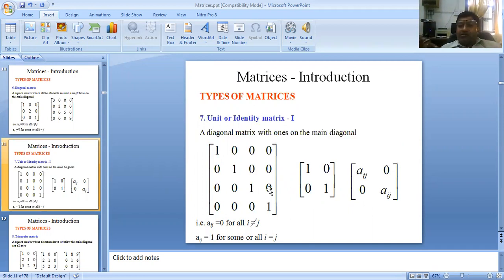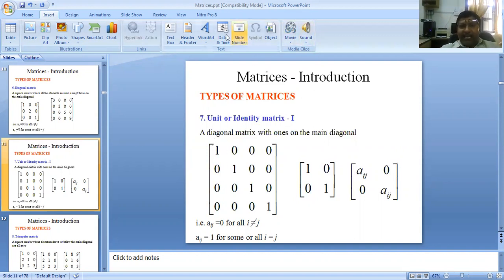A matrix, or more precisely a diagonal matrix, because in a unit matrix all other elements except diagonal elements are 0. So a unit matrix is a diagonal matrix. A diagonal matrix in which all diagonal elements are in unity, that means 1, and all other elements are 0, is called a unit or identity matrix.